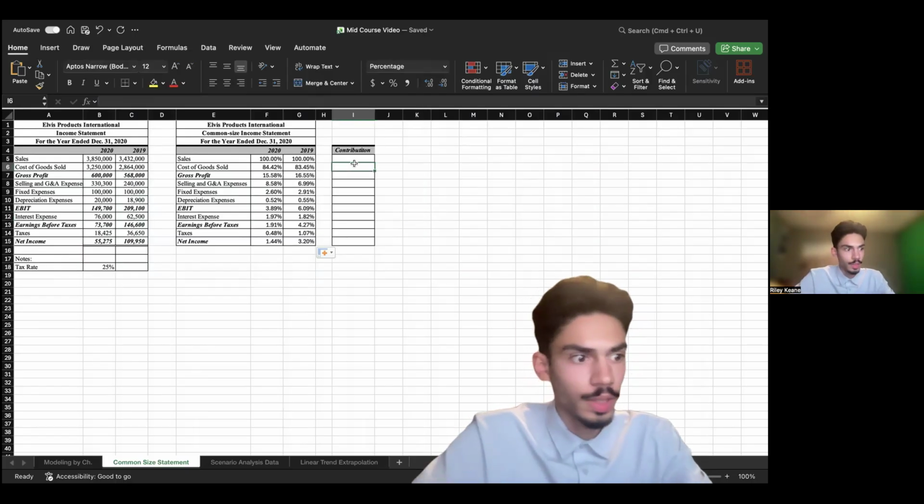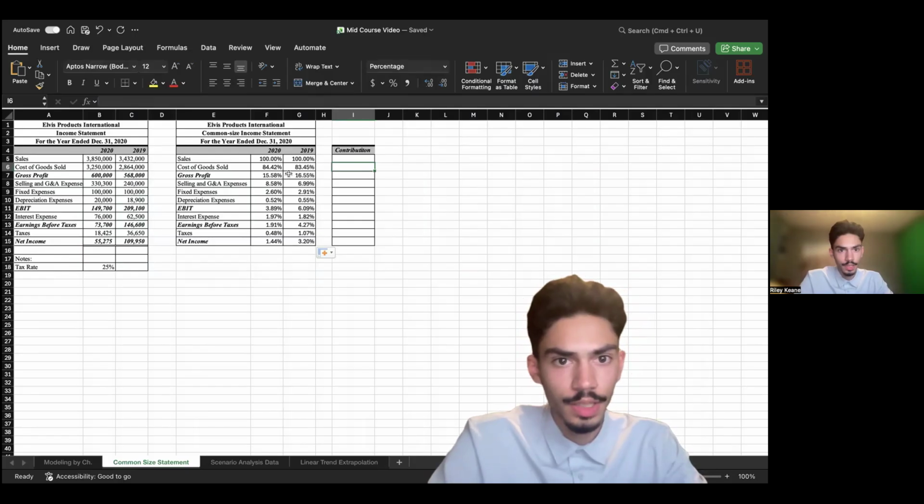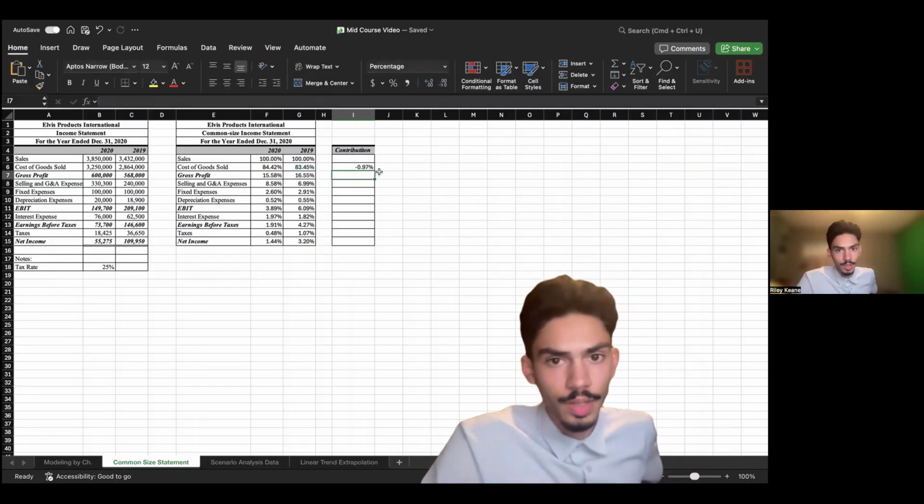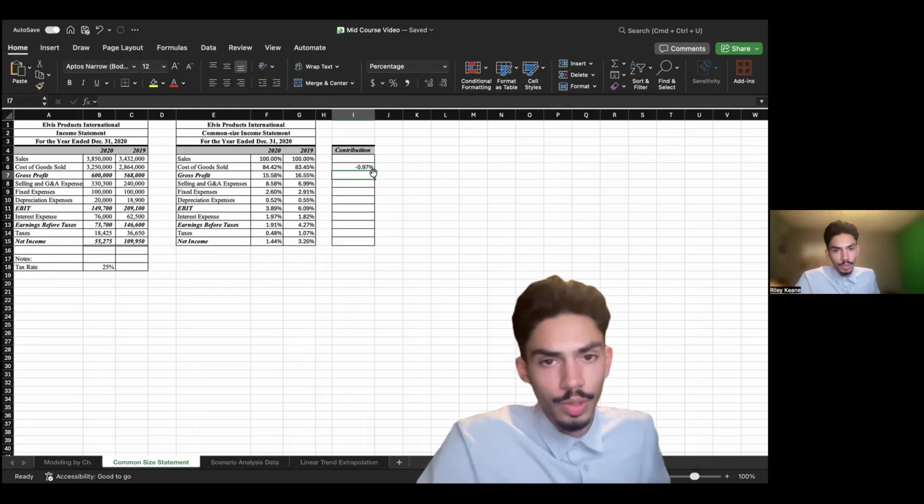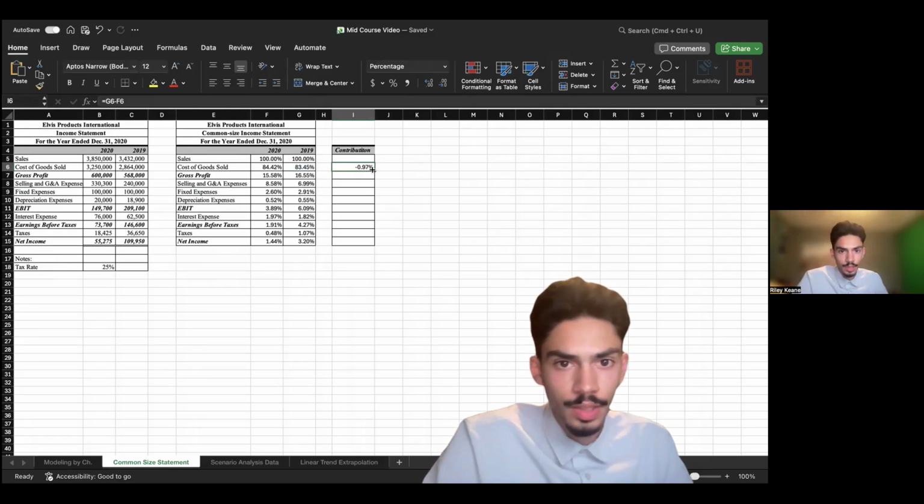So we can find out how much of a difference that is exactly by subtracting the two. So here we can see cost of goods sold have gone up by almost a full percent.